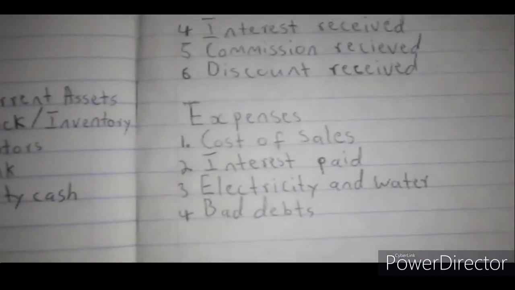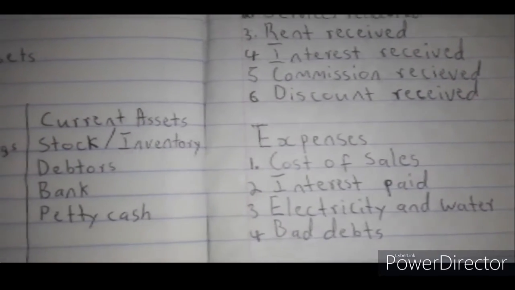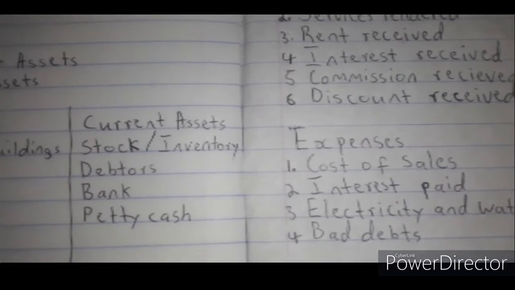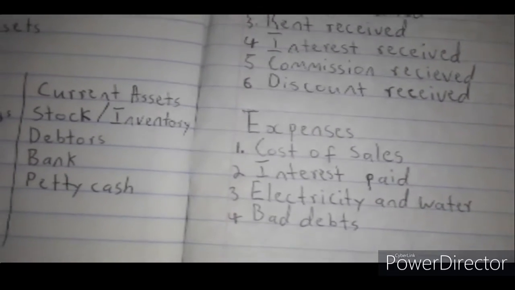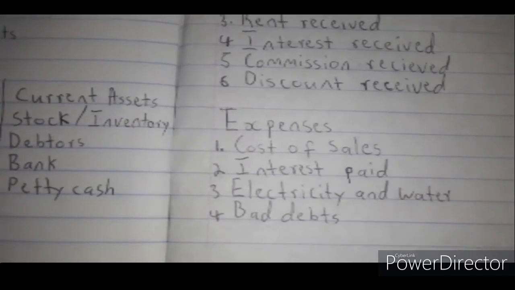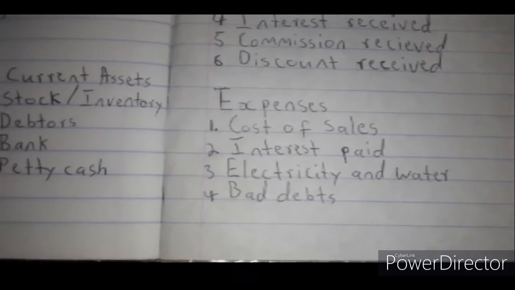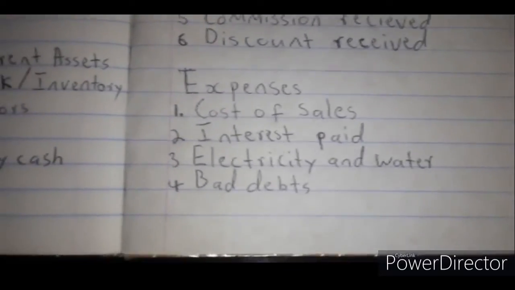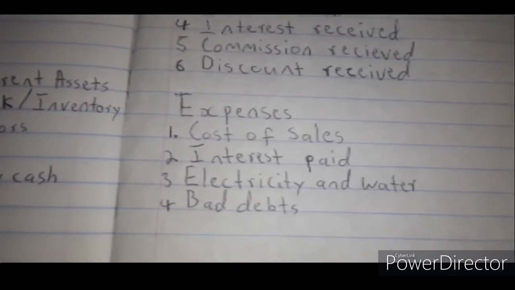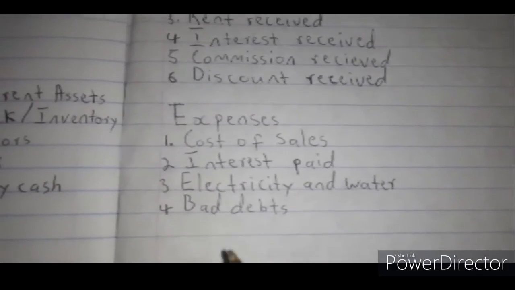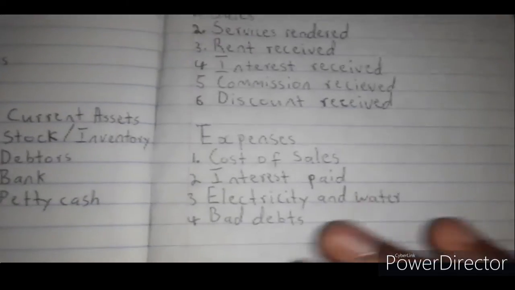Bad debts occur when a debtor is unable to pay his or her debt, so that amount is written off as a bad debt because he or she is insolvent. He cannot pay the debt, so it is written off as a bad debt, and that is an expense.